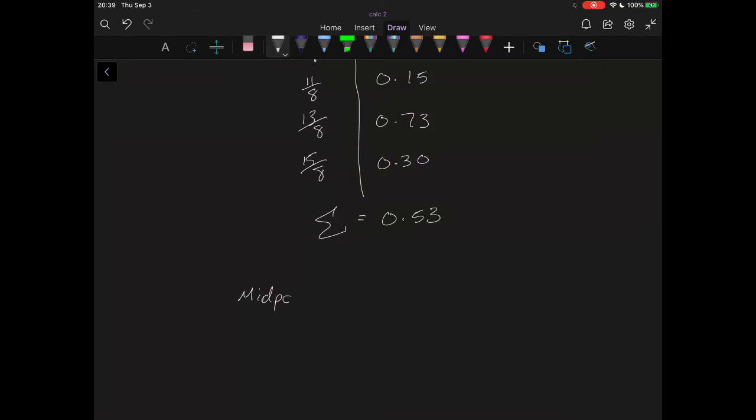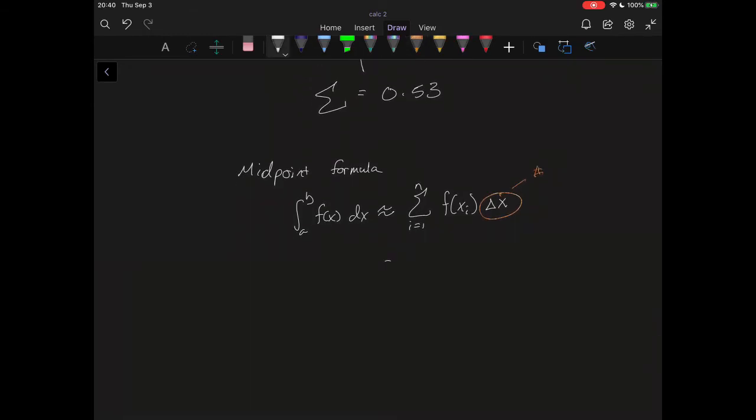Now, our midpoint formula for approximation is that the integral from a to b of f of x dx is approximately the sum, as i ranges from 1 to n, of f of x sub i delta x. But delta x is just a number, so by factoring, we can pull it out.